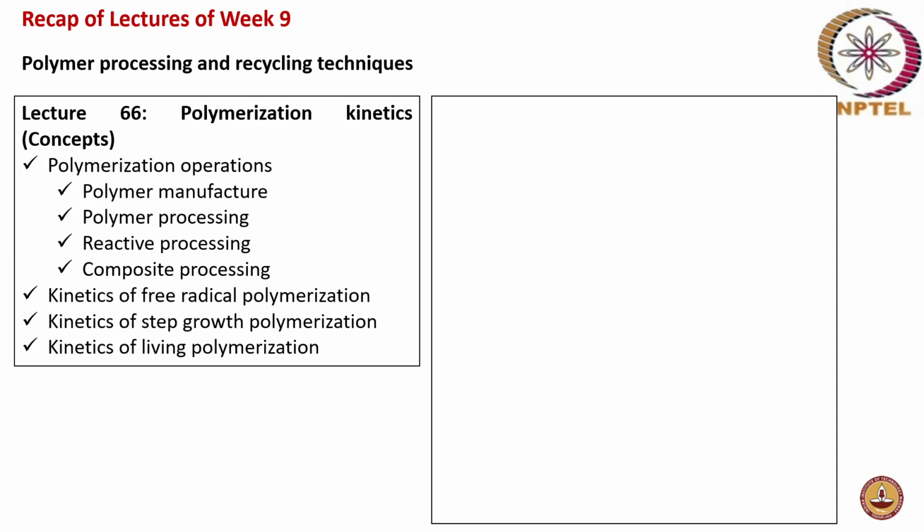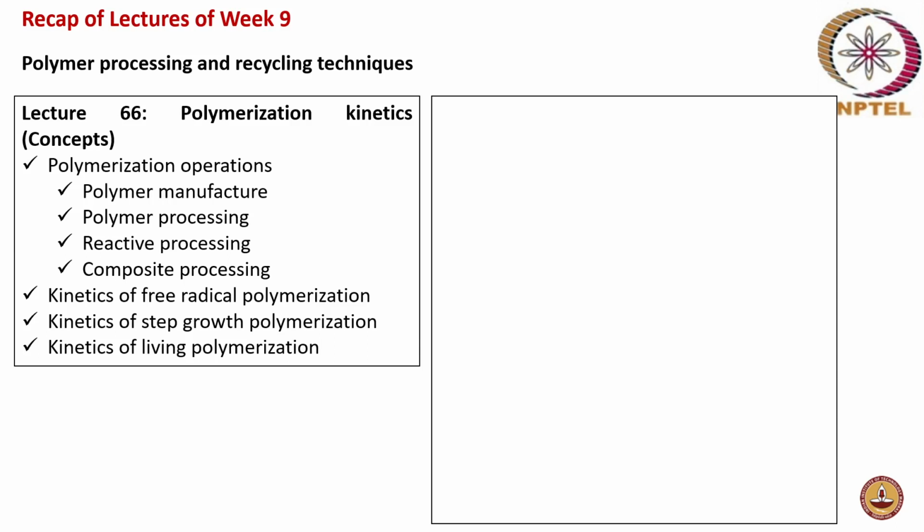Living polymerization is nothing but your ionic polymerization, both cationic and anionic polymerization, right? Cationic polymerization follows different kinds of kinetics, so there is no generalization. Whereas only in case of anionic polymerization, there was a generalized formula that was discussed, right? Do you remember that?